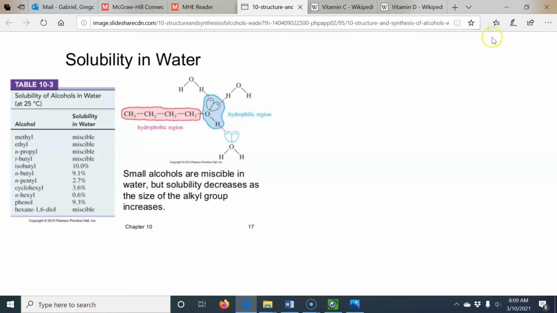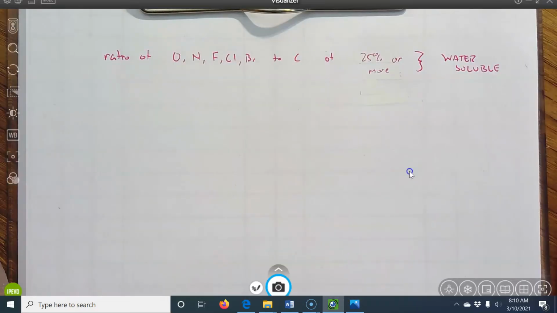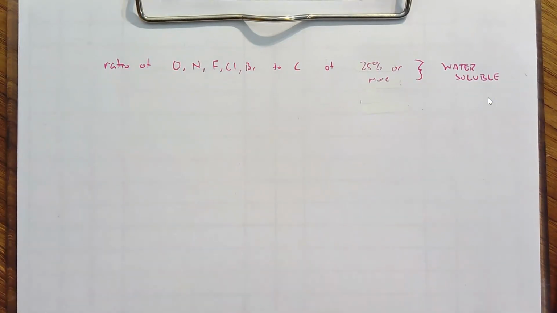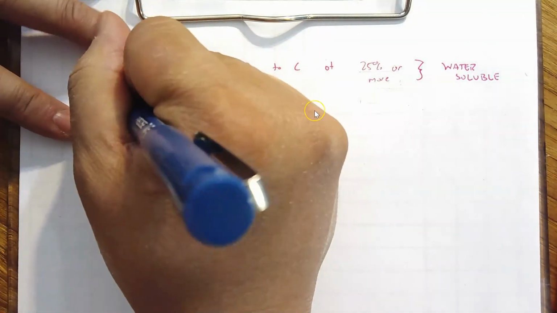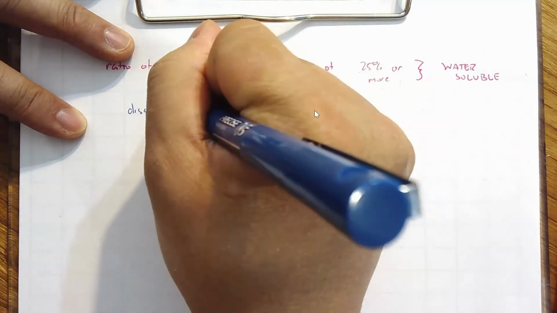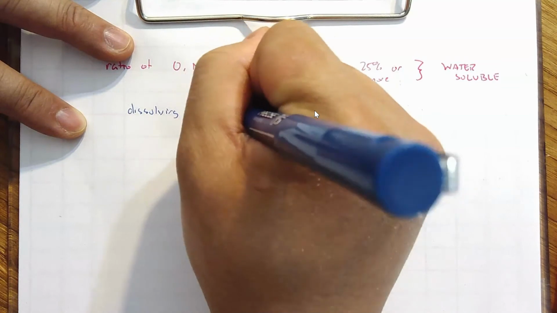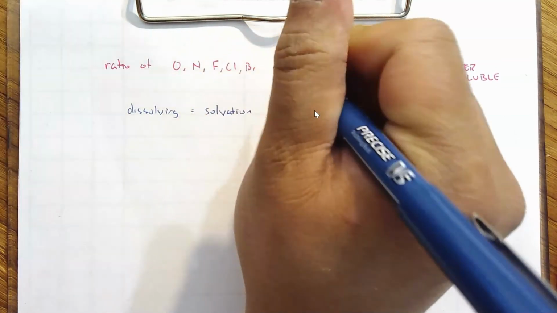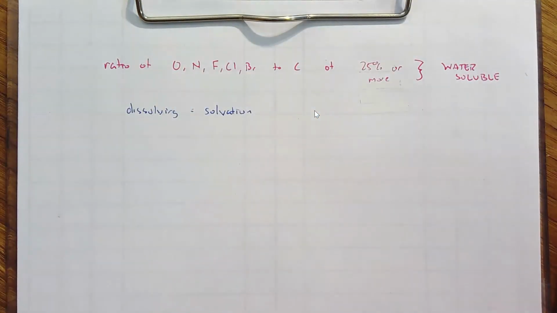Okay. Now they show us an interesting picture here. They're showing you how water surrounds, because let's remember that when we talk about dissolving, we're talking about solvation. Dissolving equals solvation. How does the water surround the molecule?